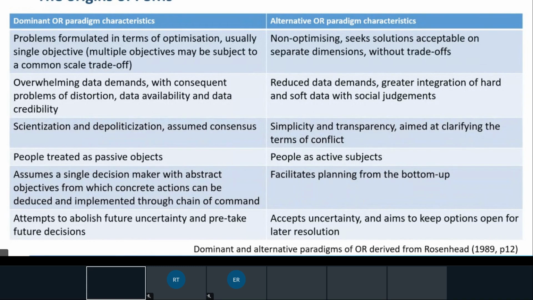They tend to be aimed at being simple and transparent to clarify the terms of conflict, but another benefit of that simplicity and transparency is that we often try to achieve procedural justice, that people are able to see when and how they're able to contribute to the framing of the problem. They treat people as active subjects.